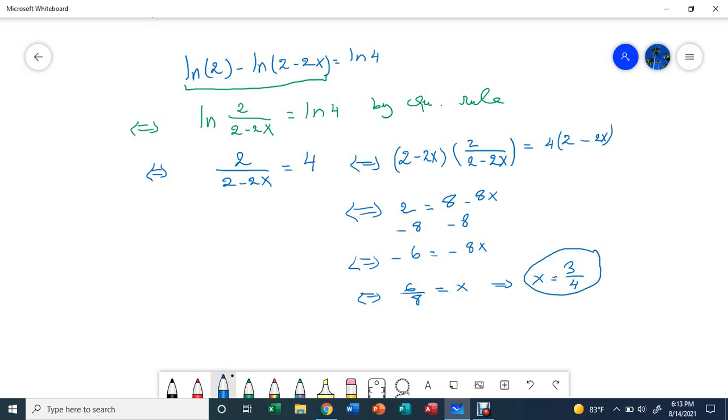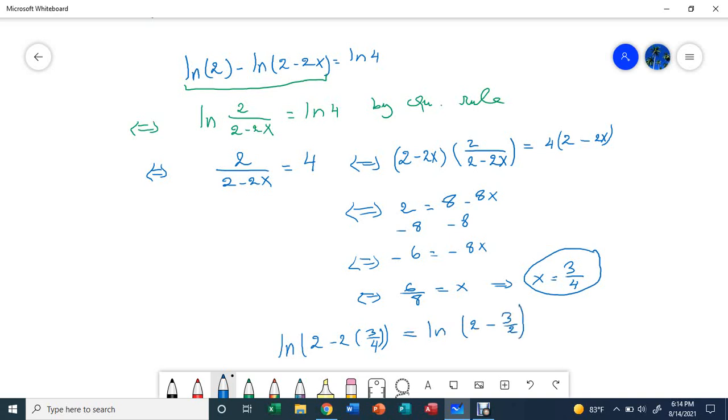So x is 3/4. Let's find out if 3/4 is a real solution. ln of 2 is fine, ln of 4 is fine. So let's check ln of 2 minus 2x. So ln of 2 minus 2 times 3/4. This number must be positive, otherwise 3/4 is not a solution. So ln of 2 minus 3/2.